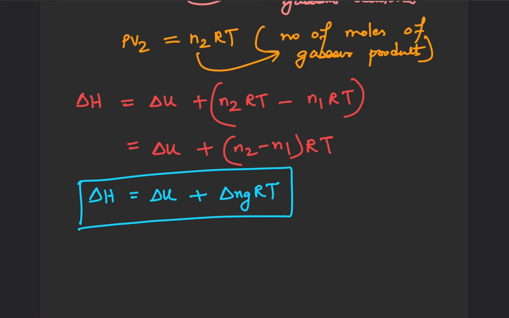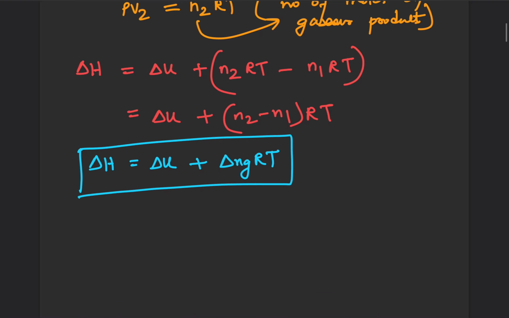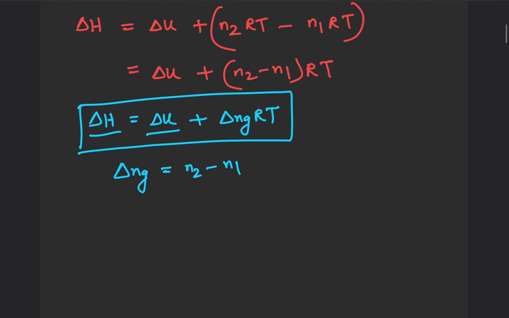This is a very important relation between delta H and delta U, where delta Ng is equal to N2 minus N1. Delta Ng is the difference between number of moles of gaseous products and number of moles of gaseous reactants.